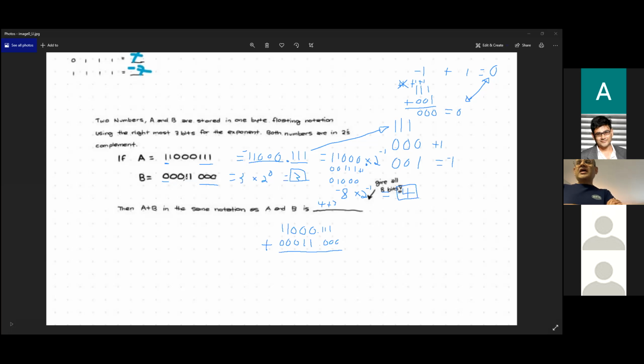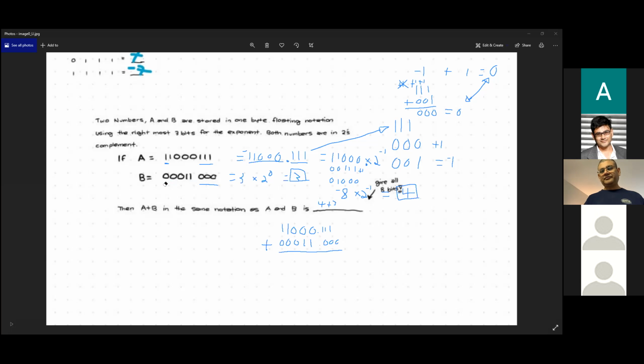Is that correct? Yes, here is the tip: if the leftmost bit is a 0, then it's just a straight regular binary non-negative number.